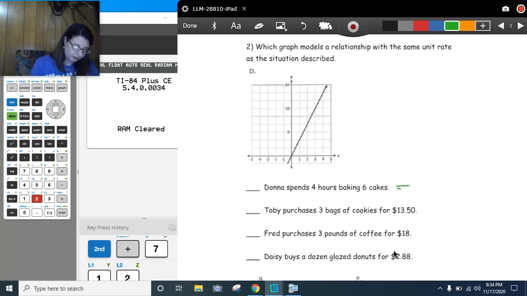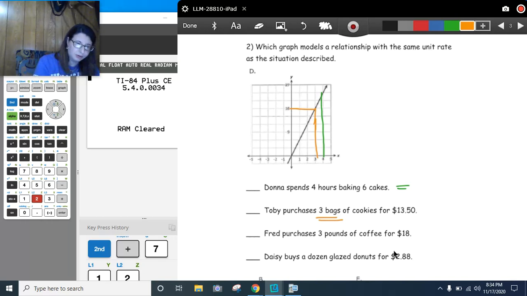I'm going to look at 4 hours baking and 6 cakes. So if I go up to 4, it's nowhere near 6. Okay. So let me try 3 for $13.50. So 3 goes up. Well, 3 goes up to 18. That's a 1/8. Okay. I don't think that's right.